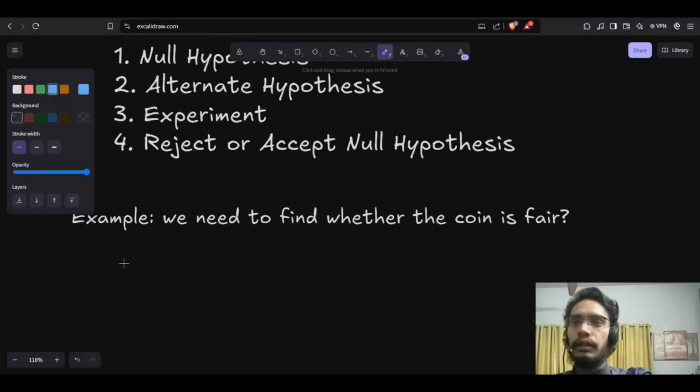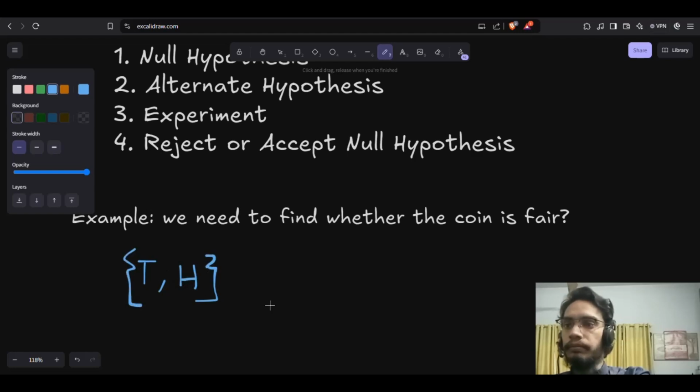In terms of a coin, we have 2 outcomes: either it will be a tail or a head. So these two are the total outcomes of a coin. We need to find out whether the coin is fair or not.